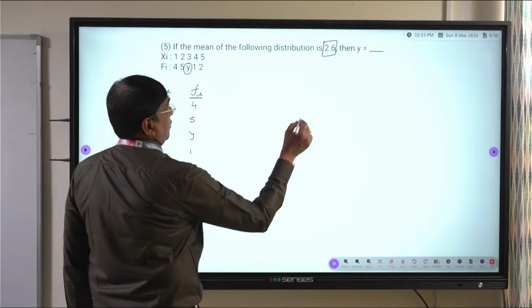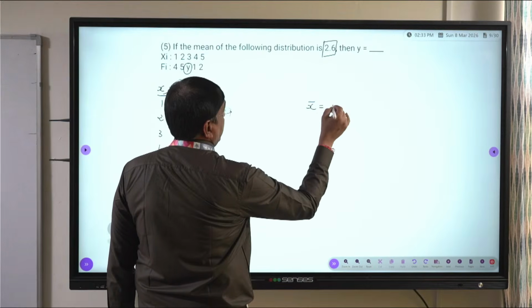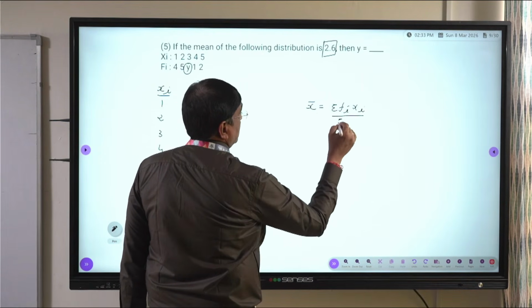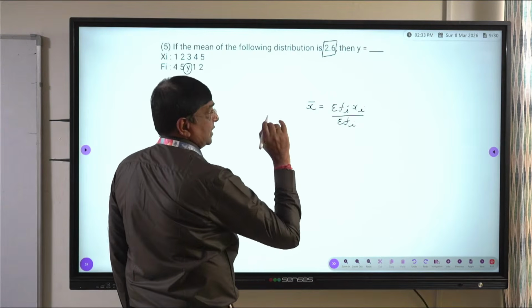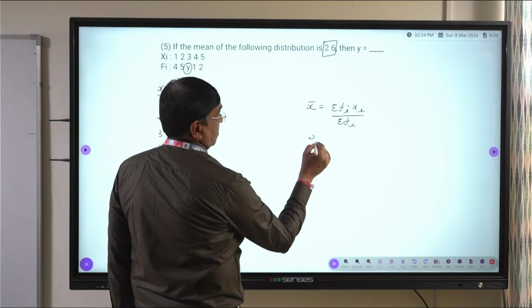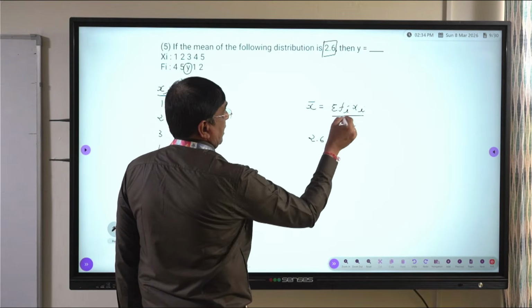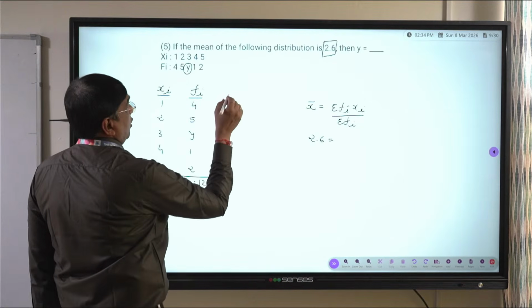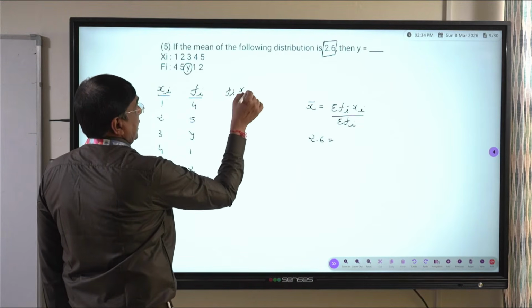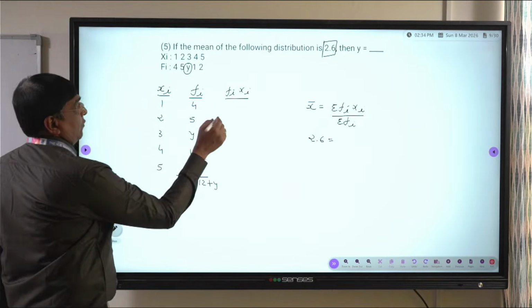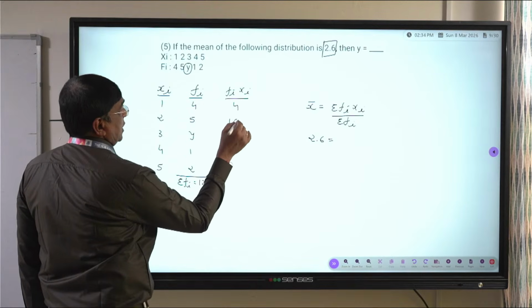What is our formula to find the mean? Sigma fi xi upon sigma fi. X bar already given 2.6. Sigma fi already found. Now we have to find fi xi. Multiplication of xi and fi. 1 4 are 4, 5 2 are 10.